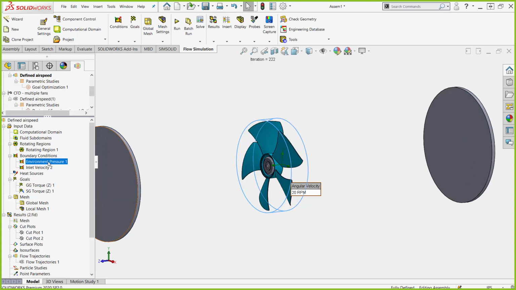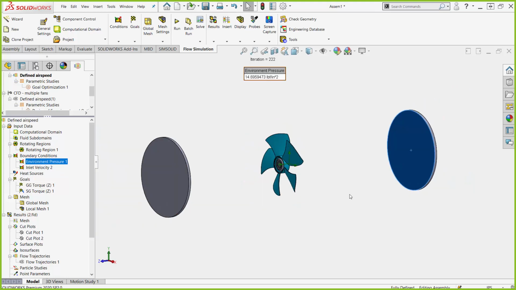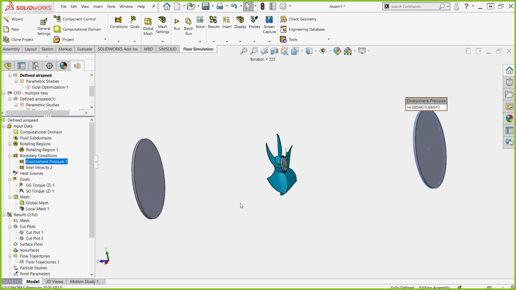And my boundary conditions have changed to just have a default 14.7 environmental pressure on the outlet. And the inlet now is forcing a flow rate of 100 inches per second into that wind tunnel. So again, the fluid is going to be driving the fan. That's the only change to my setup.